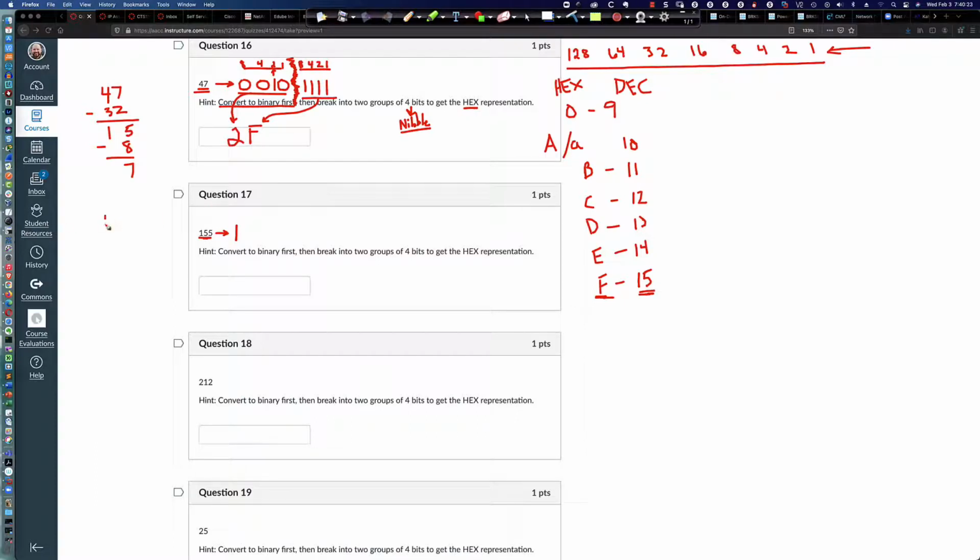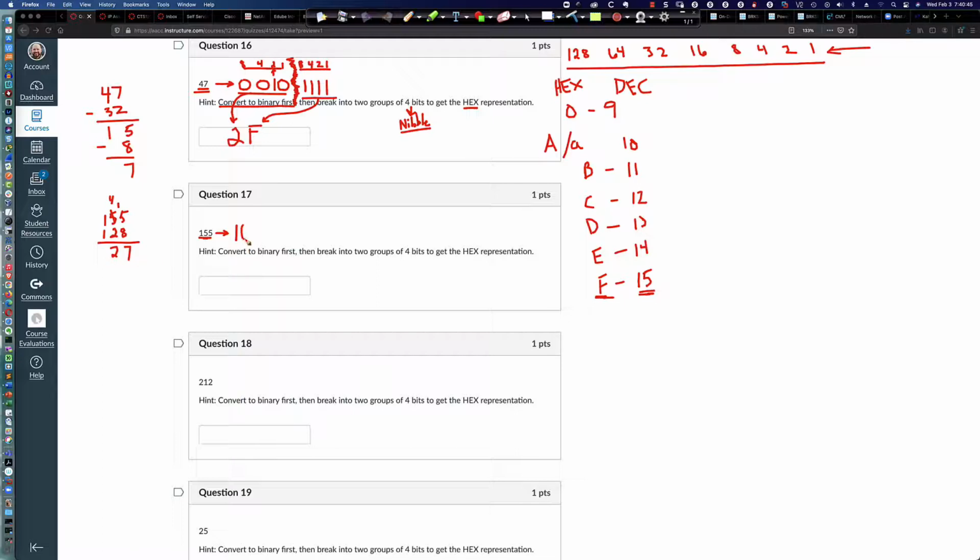And since 128 is less than or equal to 155, we would then subtract 128 from 155, where we're going to borrow from the tens position here. So 15 minus 8 is 7, 2 minus 4 is 2, 1 minus 1 is 0, so we're left with 27.